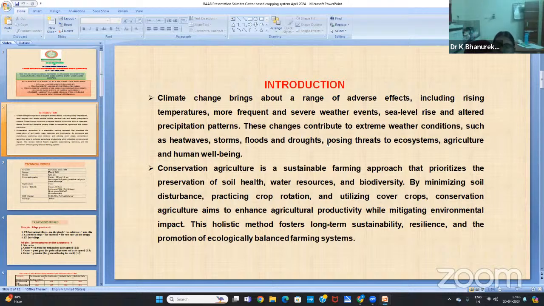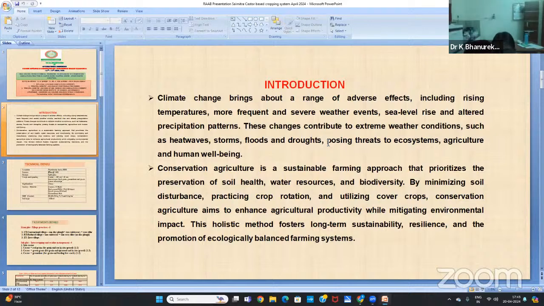So, as a mitigation strategy to avoid all these events, conservation agriculture has been a very good sustainable aspect in agriculture, which mainly focuses on three principles: zero or minimum disturbance of the soil, cover crops, and a diverse spread cropping system.